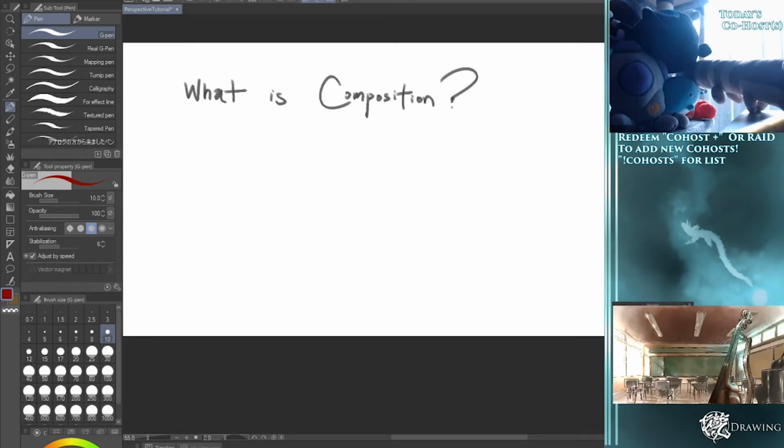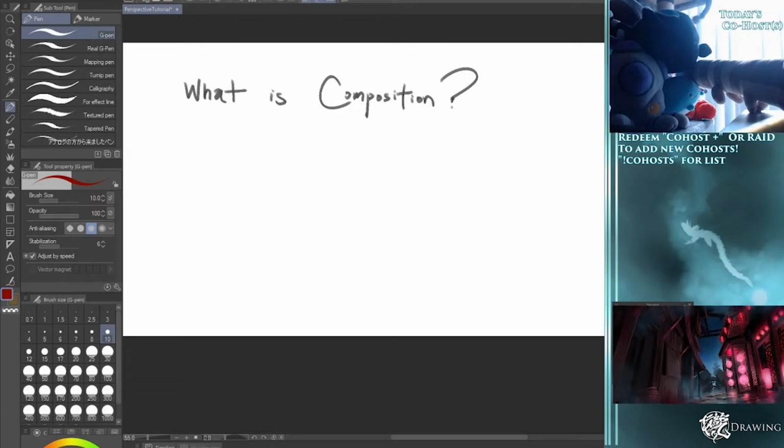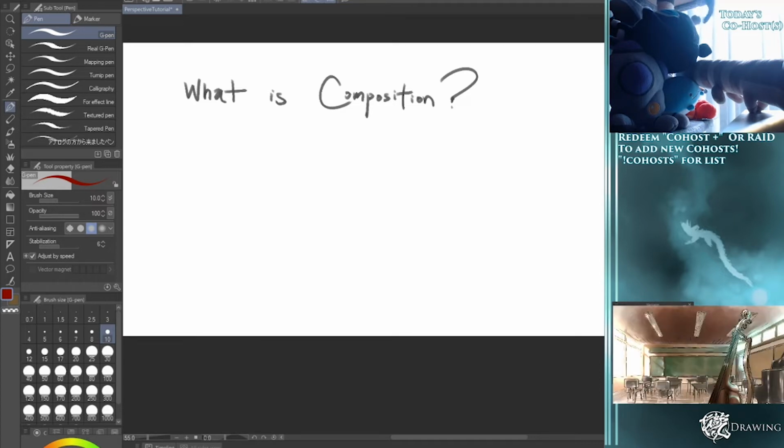What is composition, anyways? Would anyone care to take a turn at describing what we mean when we say a drawing has a good composition? Or a bad composition, or a flat composition. What is composition? Placement of things into space. You're getting there, but why are we placing things into space? That's my question. What are we trying to make with the placement of the things in the space?